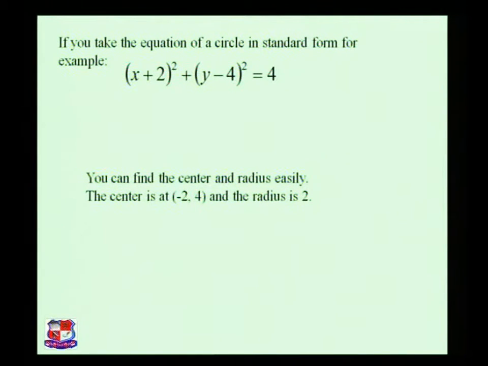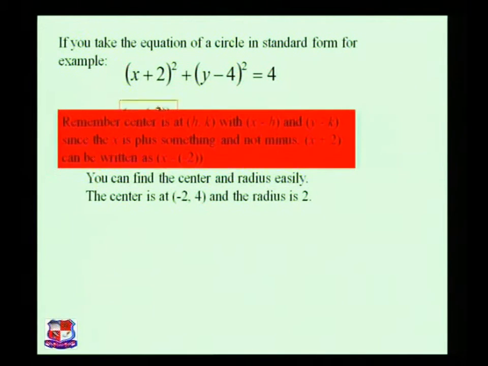If you take the equation of the circle in standard form, for example (x plus 2) whole square plus (y minus 4) whole square is equal to 4, note that in the center radius form we have x minus h, but here we have x plus 2.